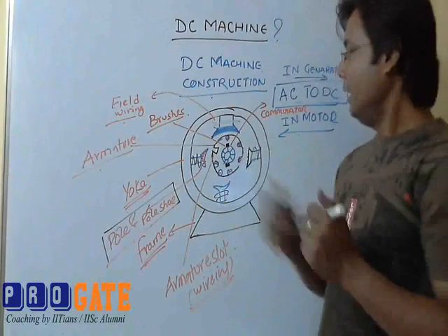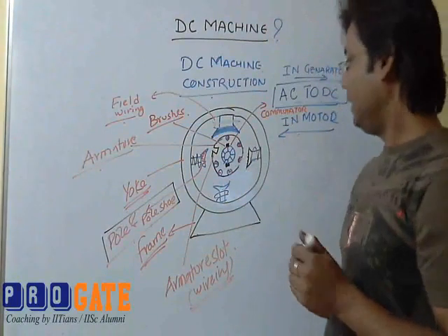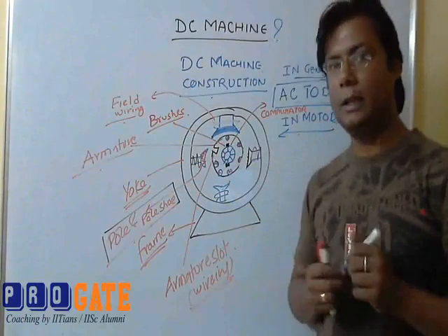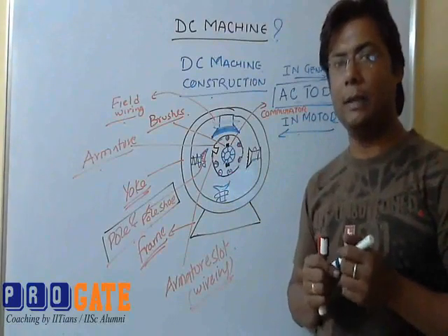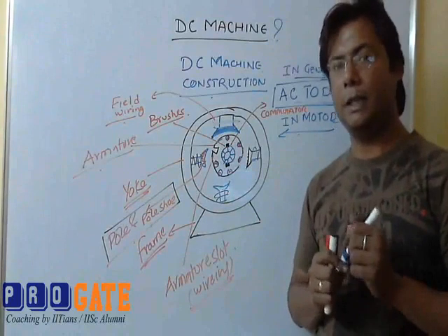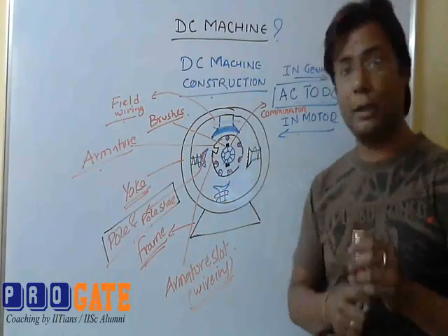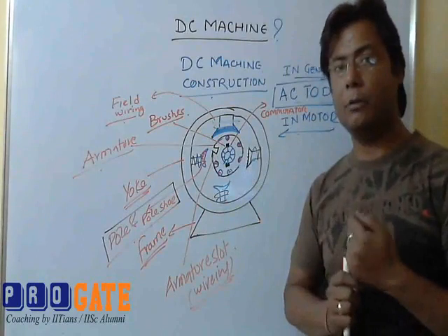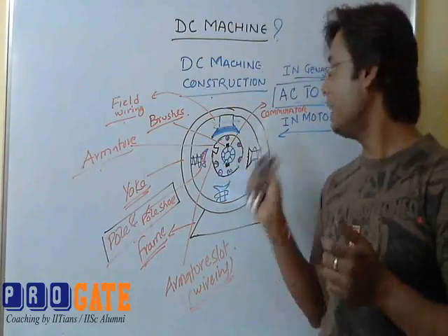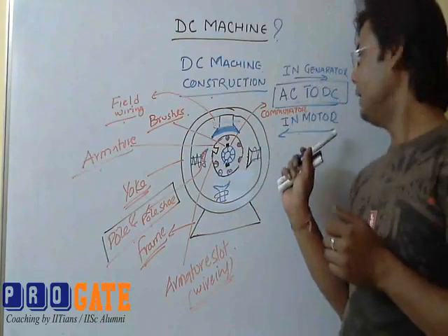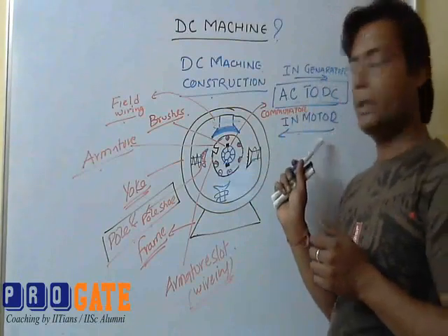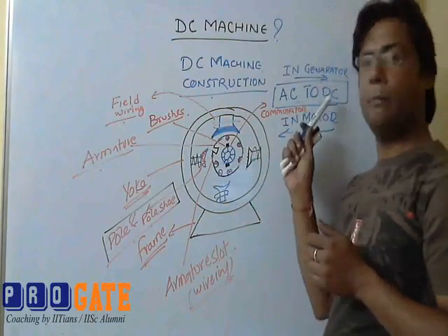Coming back to the commutator, what exactly is the commutator? When we talk about a DC machine, a very important part is the commutator, which serves two purposes. One, it converts AC to DC when the machine is a generator, and when it is working as a motor, it converts DC to AC.